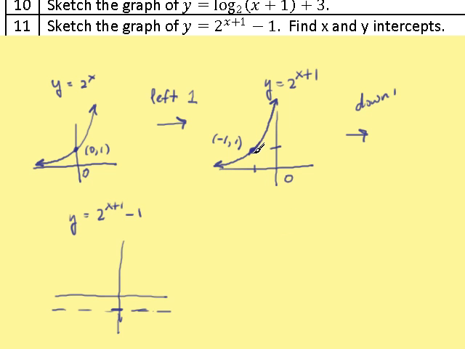All right, what about this point? Down 1, so it's going to minus 1, 0. So we're here. All right, so this is minus 1 comma 0. It's on the x-axis, and here the graph is going to level off, and here it's going up.